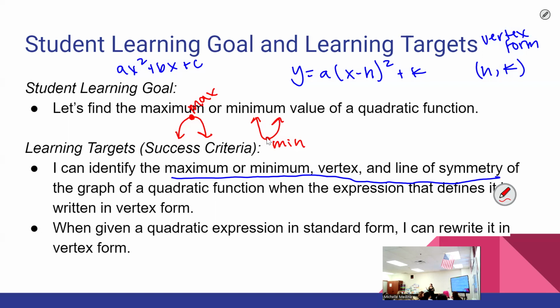Well, you can find it in the vertex, but the maximum and minimum isn't both of those numbers. Line of symmetry is also in the vertex, but only a certain part of it. Is your answer?